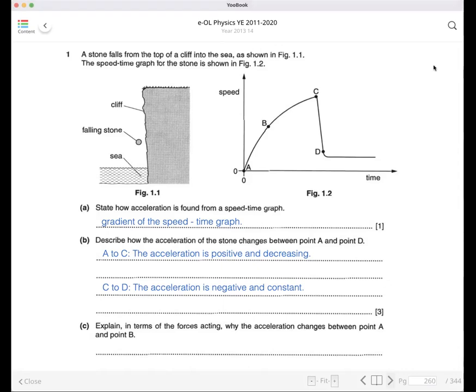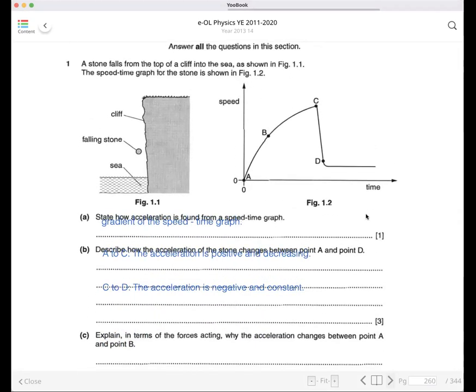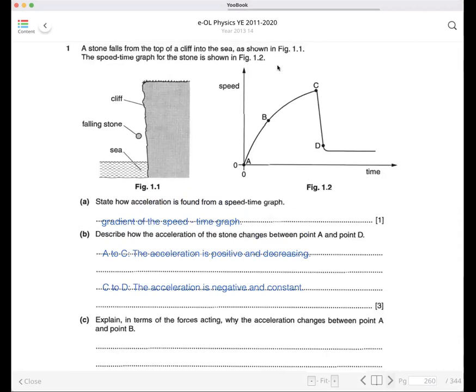Okay, anybody need help? Part C, wow, 3 mark question, very long. So what's happening at part C?